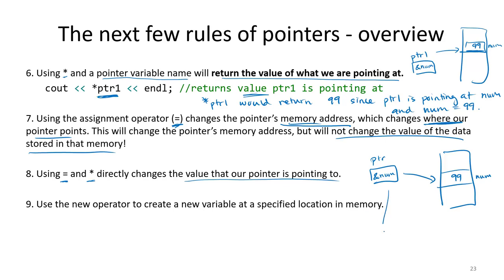If I were to write the code asterisk ptr equals 5, that basically says go where ptr points and assign that memory the value 5.